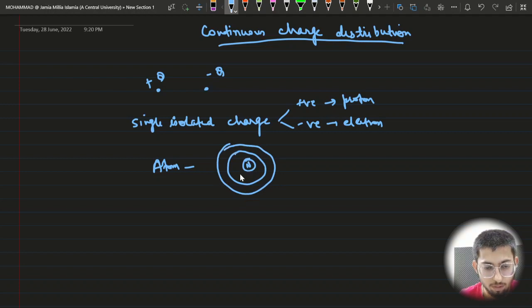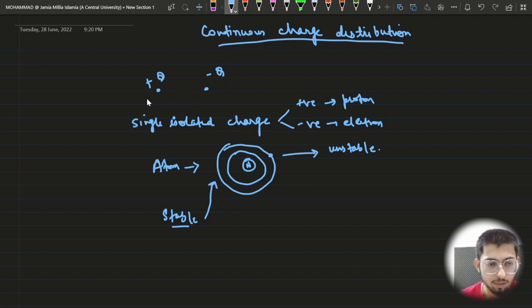It is quite difficult for an electron to be found outside the atom, because they become unstable when they are outside. Everything wants to keep itself stable. To keep themselves stable, electrons are held inside the atom. So you won't find these isolated charges in reality.